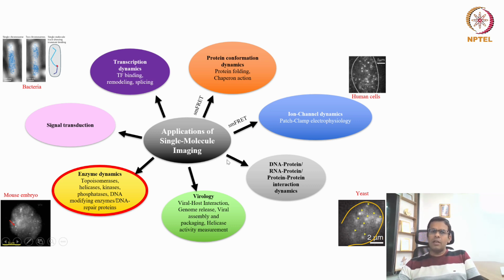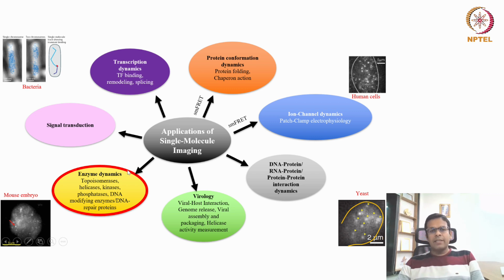Then you can use the single molecule tracking that we discussed for studying any DNA-protein, RNA-protein, or protein-protein interactions in live cells, or even in fixed cells or in vitro systems. Then it has several applications in the field of virology. If you want to see how a single virus particle infects the host cell, then you can use the single molecule imaging method to capture such dynamics.